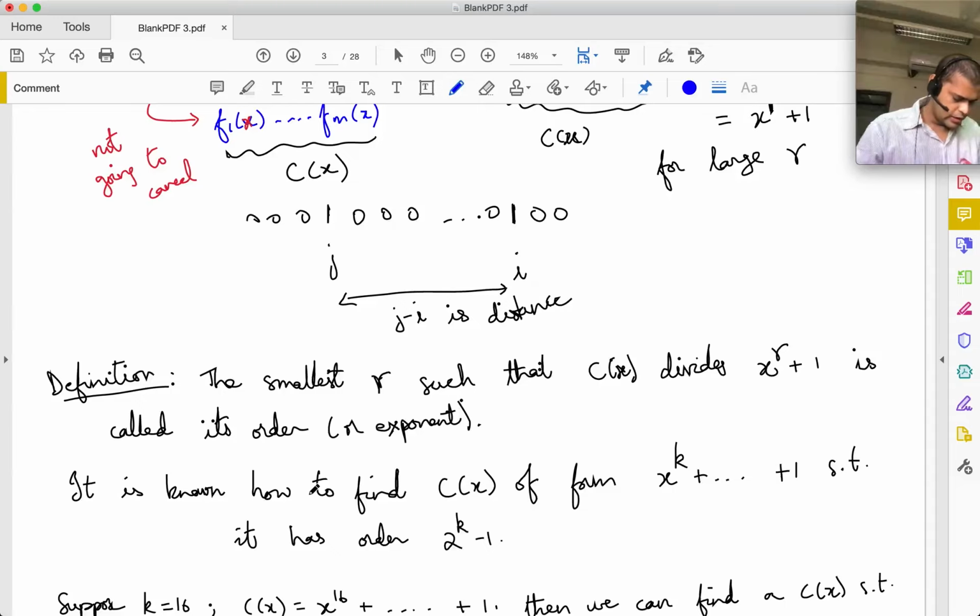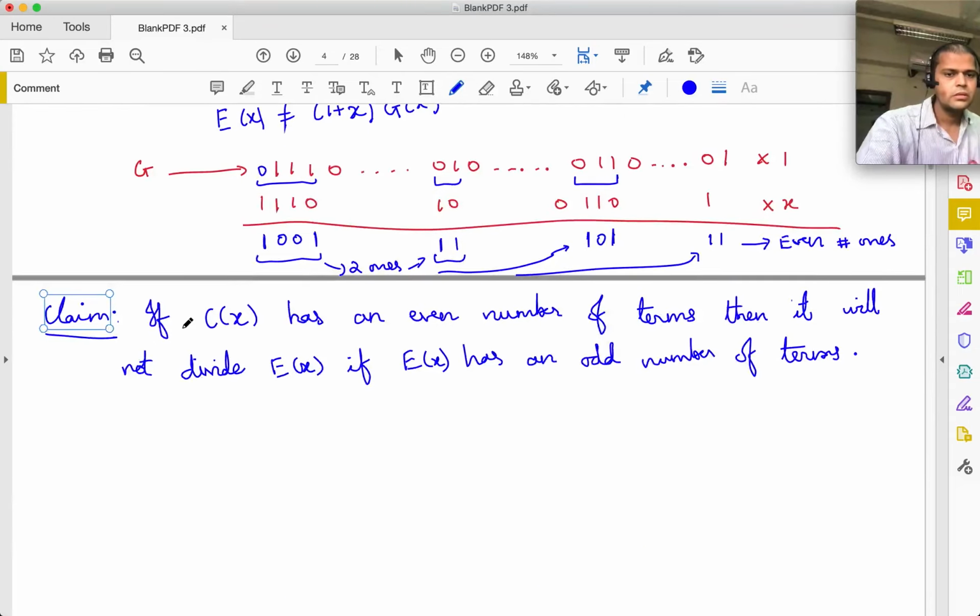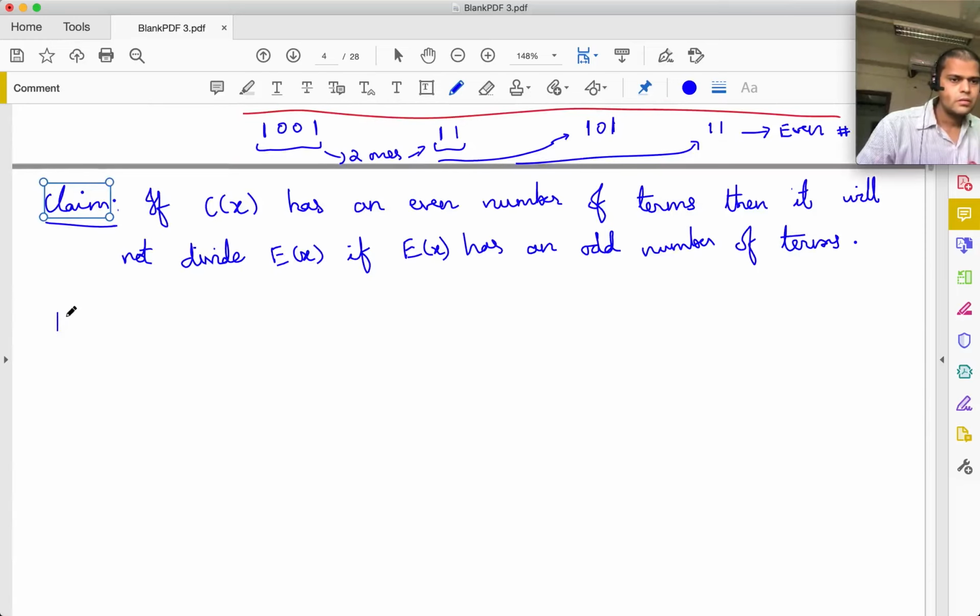HDLC, for example, uses a particular CRC. It uses CRC 16, so it uses CRC 16 IBM. So these have got names.